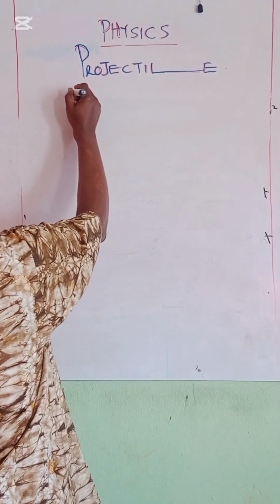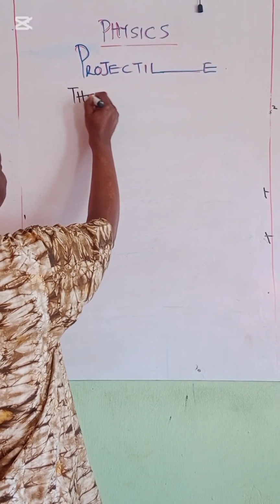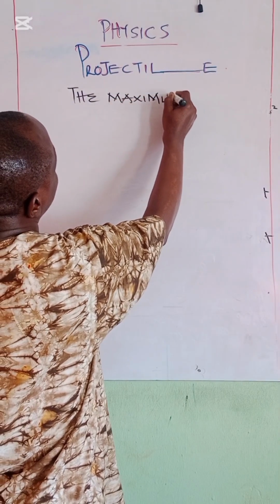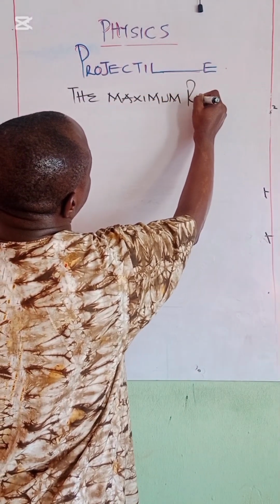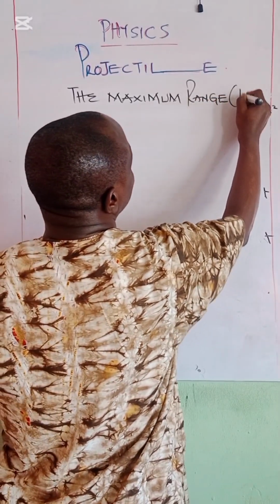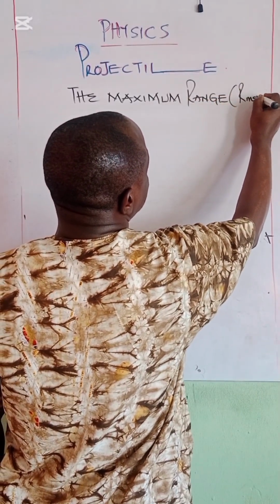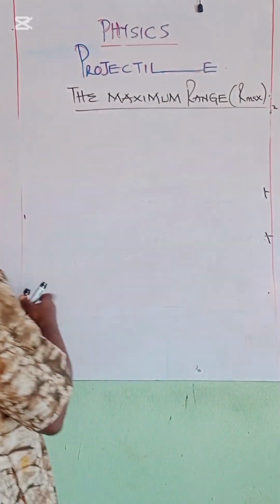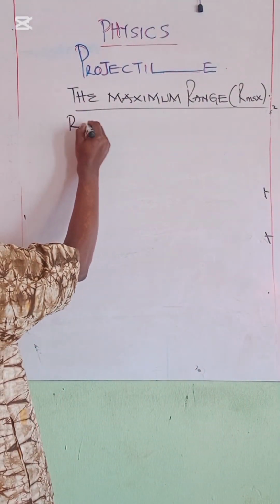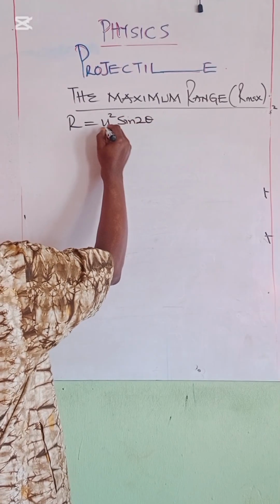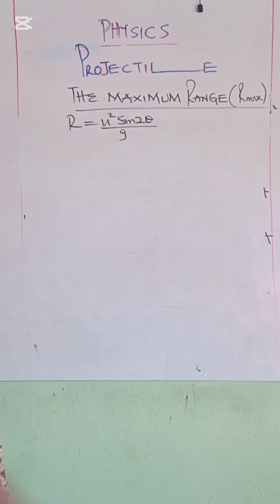We have the maximum range, call it R max. You know, from the equation, R is equal to U squared sin 2 theta all over G. That's the formula.